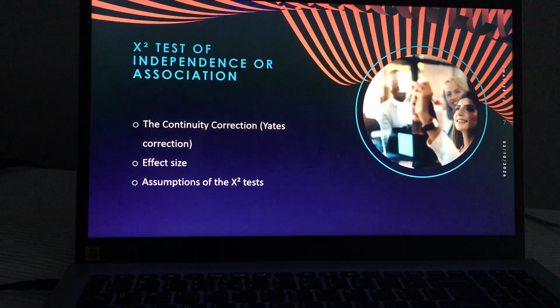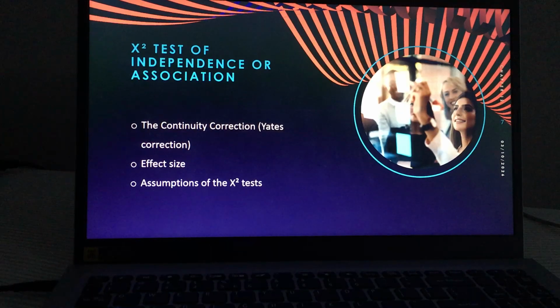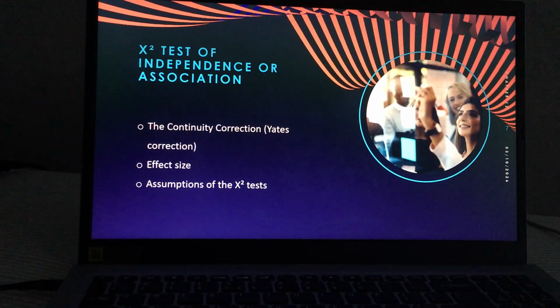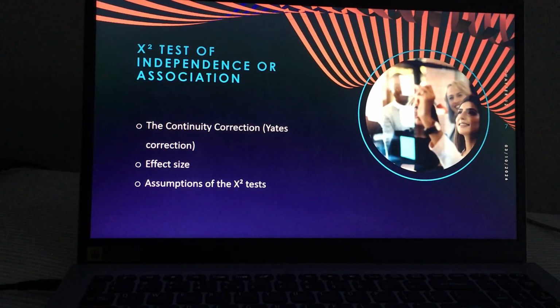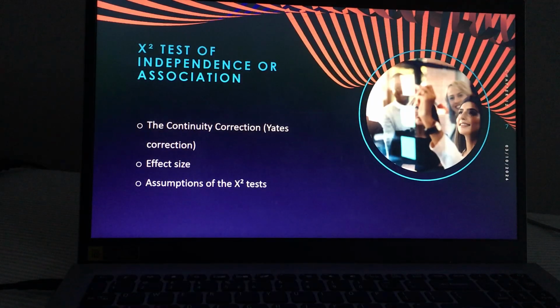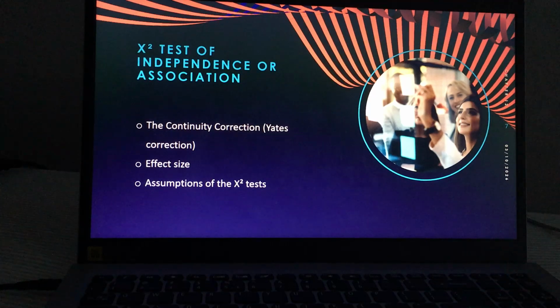So then let's keep going. And what are the assumptions of the chi-squared tests? So we are on page 17. We're in section 12.5. So all statistical tests make assumptions, as we know, and it's usually a good idea to check that those assumptions are met before you run calculations.